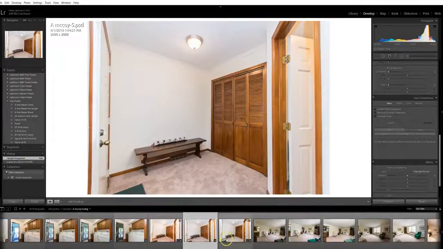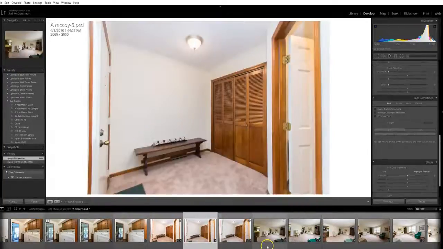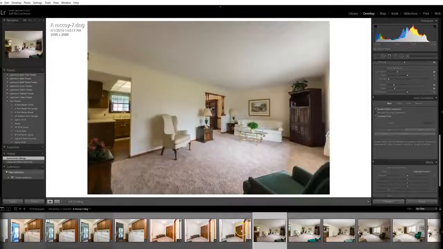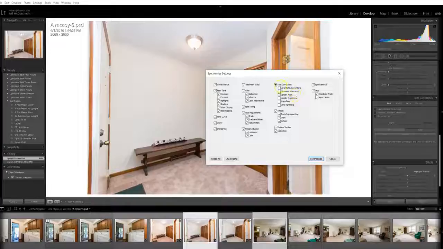If I was to sync lens corrections onto this photo, and I do check all, it's going to take this photo here and twist it 5 degrees to the left, even if it's already leaning to the left and needs to go to the right.